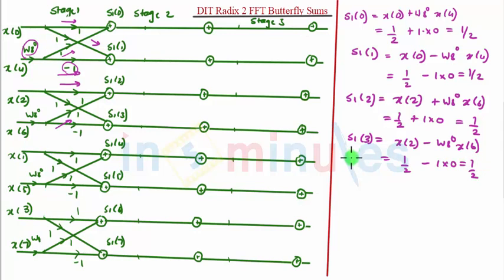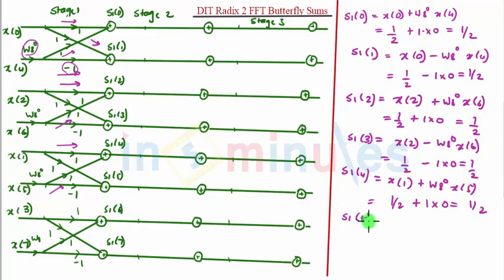For S1 of 4, the equation is, the input is received from x of 1 and x of 5. So x of 1 plus W8 raised to 0 x of 5. The thing here is x of 4 to x of 7, all the values are 0. So all the values will be half. So x of 1 is half plus W8 raised to 0, 1 into 0. That would give us again half. S1 of 5 is receiving input from x of 1 and x of 5, that is x of 1 minus W8 raised to 0 x of 5.